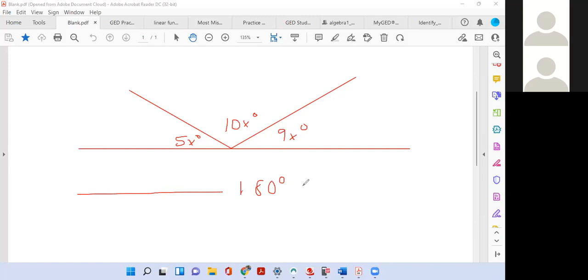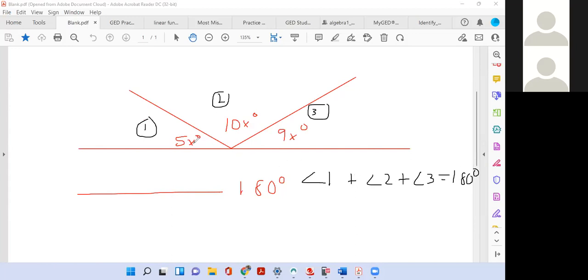But in this problem, this straight line is 180 degrees. So what we know from that is that all three of these angles, we call this angle 1, this angle 2, and this angle 3. So angle 1 plus angle 2 plus angle 3 must equal the entire 180 degrees.